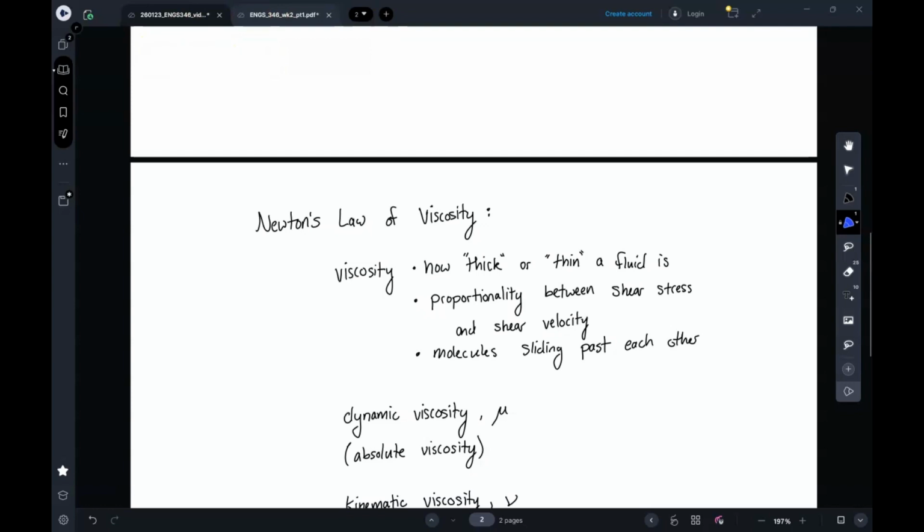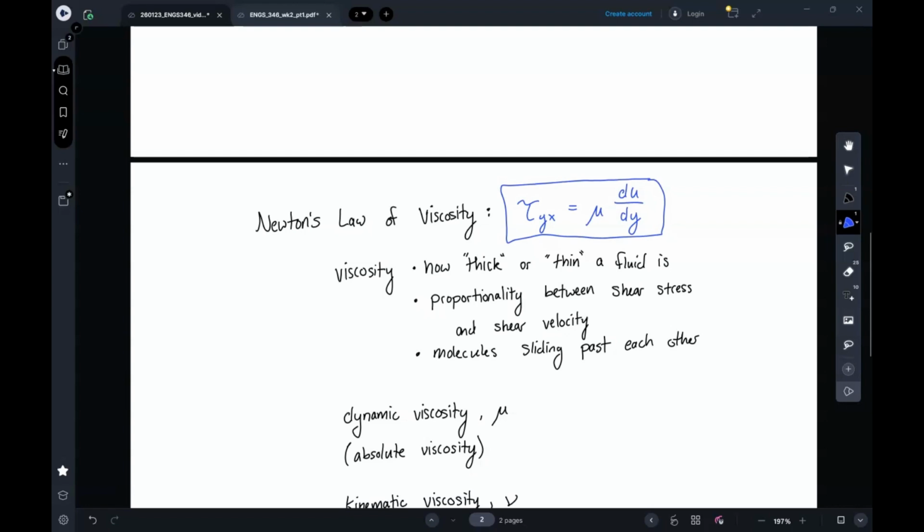Newton's law of viscosity says that the shear stress is proportional to the shear rate, and that there's a constant of proportionality. Different fluids are different, but they have a proportionality constant mu. So this equation becomes a very important equation in fluid mechanics.